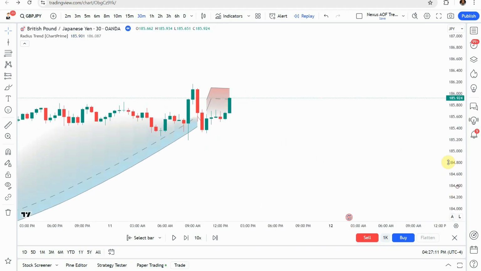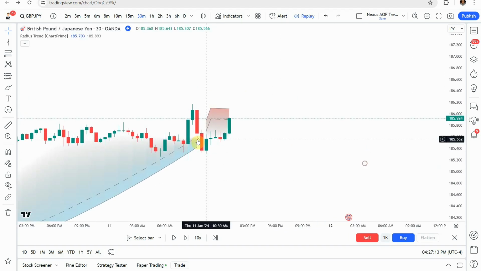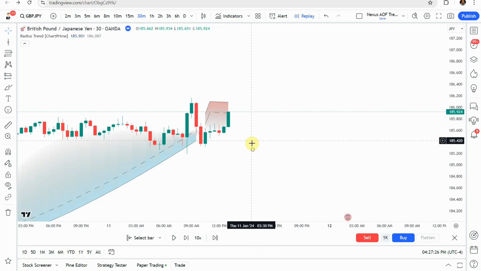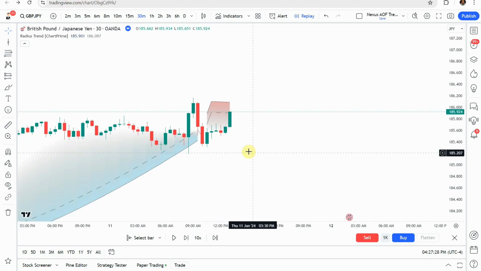What I did was I would wait for price to close between the dashed line and, in this case, the upper line of the cloud right here. When price would close within that, I would then consider that an entry in the opposite direction with a very tight stop.